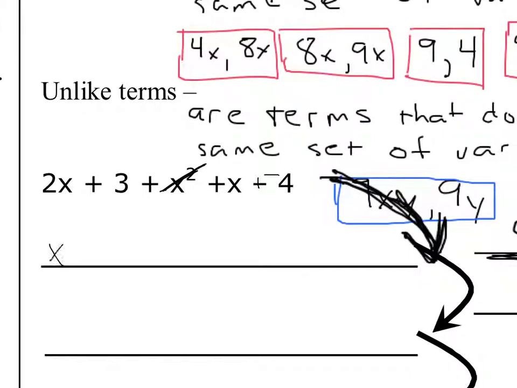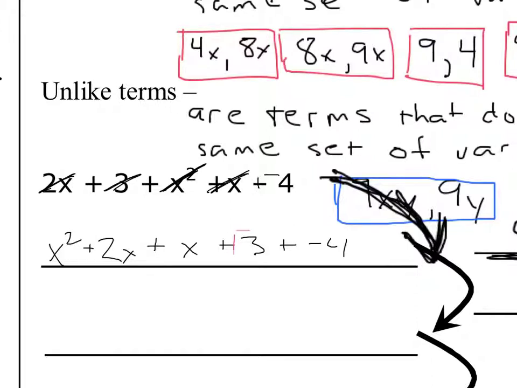And that's just to make sure that as I'm commuting, I don't forget anybody. No term left behind. So last, I'm putting my constant terms, and that's a definition that you need to walk away with today.